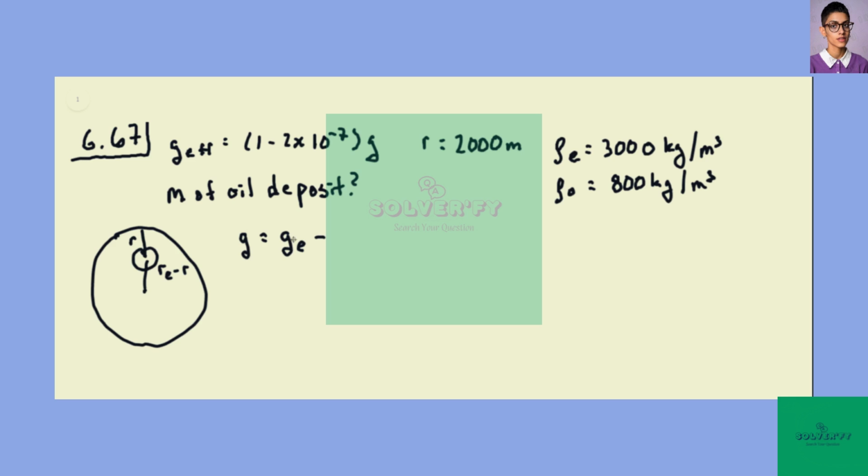So it's going to be the gravity from the actual Earth minus the gravity from the missing part, which we can call M for missing, I guess, plus the gravity from the oil.